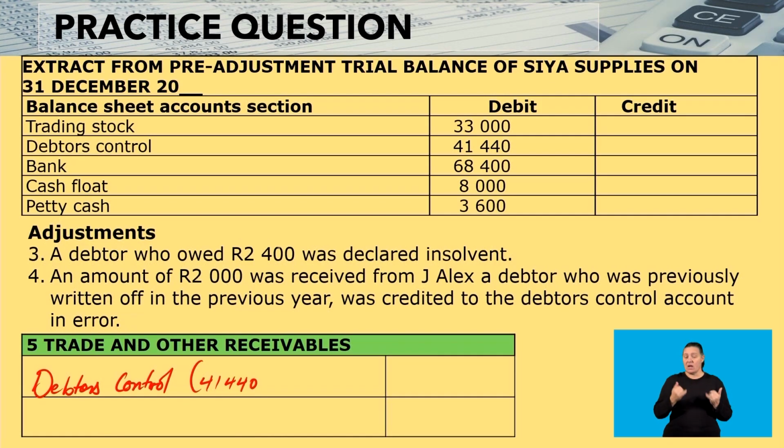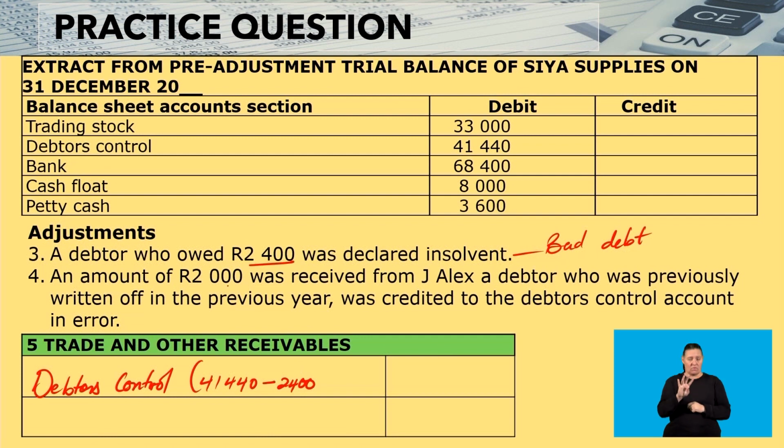Then the debtor whose account must be written off. Remember, once we declare insolvent, we record this amount as a bad debt. So we say minus 2,400. We are subtracting bad debts, minus 2.4.